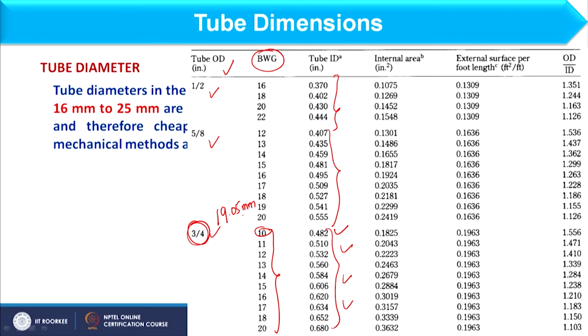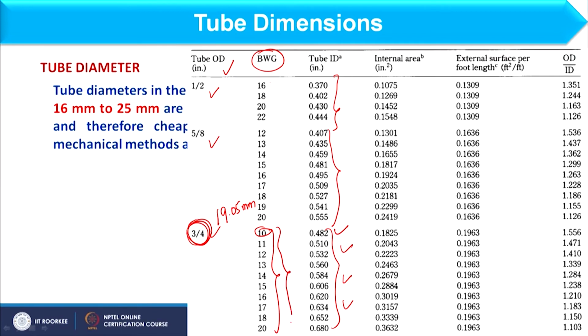So, here you can choose 3/4 inch OD of the tube as a starting guess, because this is falling within the range. 5/8 inch, if you convert, will not fall within the range. However, for 3/4 inch and beyond, if the value is falling within 16 to 25 mm, you can definitely choose it, but the better start is 3/4 inch.